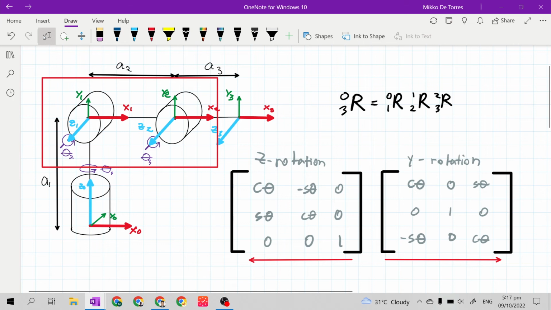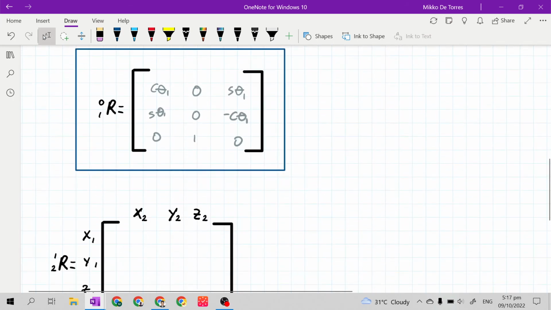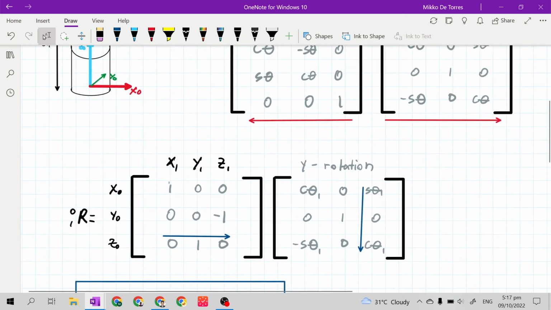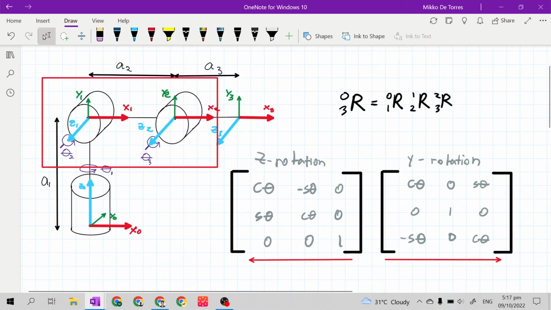The next joint variable is theta 2, so our moving rotation matrix will have joint variable theta 2, and theta 2 is at the z sub 1 axis.